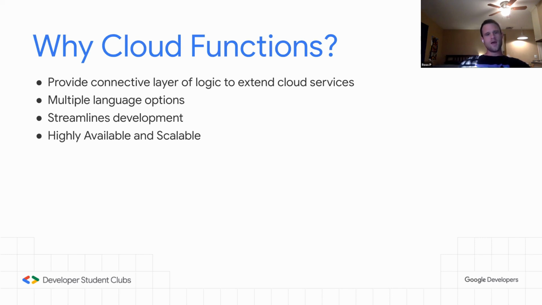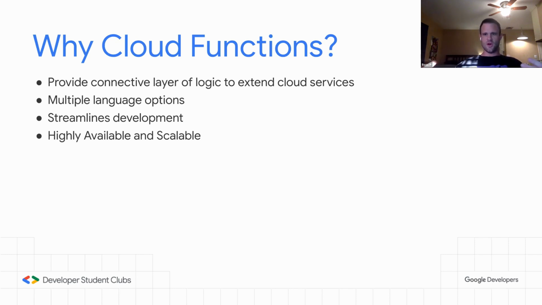So why use cloud functions, or more importantly, what are they? So basically, cloud functions provide a connective layer of logic that lets you write code to connect and extend pre-existing cloud services. So you can listen and respond to, say, a file upload in cloud storage, or a log change, or an incoming message.